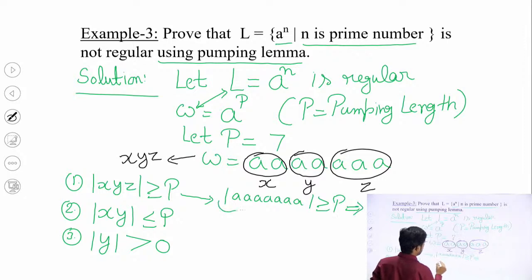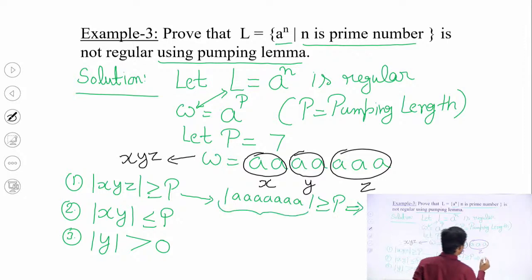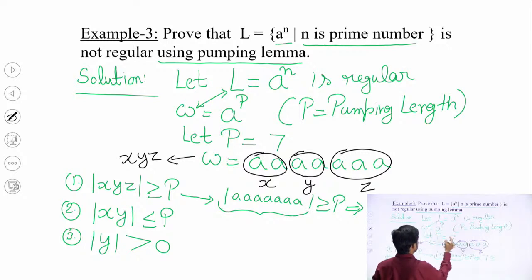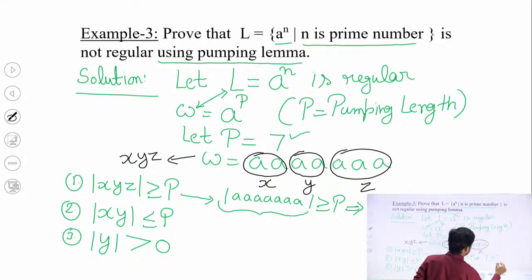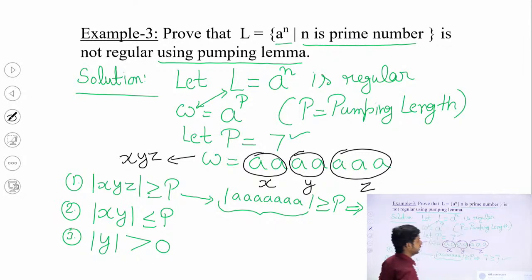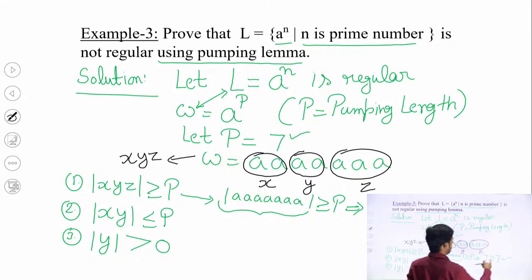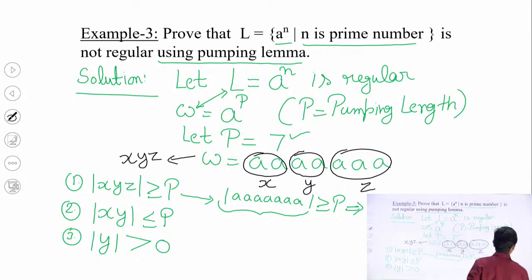So length of 7 times a is 7. 7 is greater than or equal to p. What is p? p is 7. So this condition is satisfied.